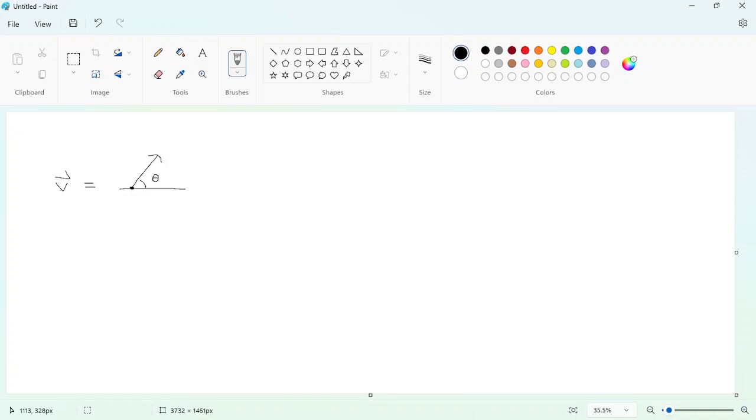And when you're approaching problems like this, I strongly advise, actually, you have to break it down into 2 components. This is the vector, this is the vector's x component, call it v of x, and this is the vector's y component, v of y.